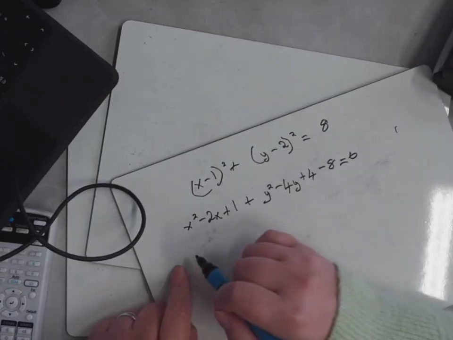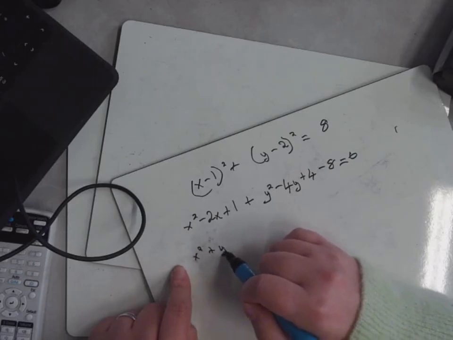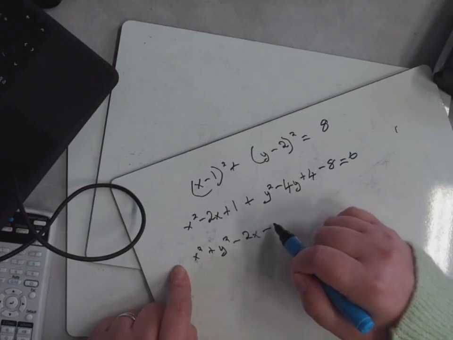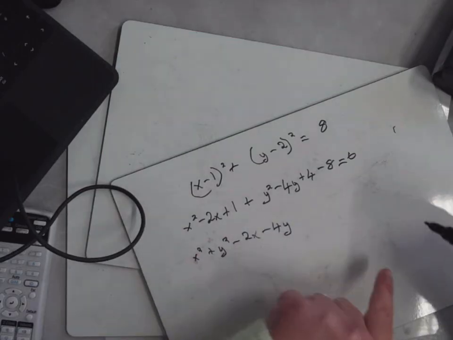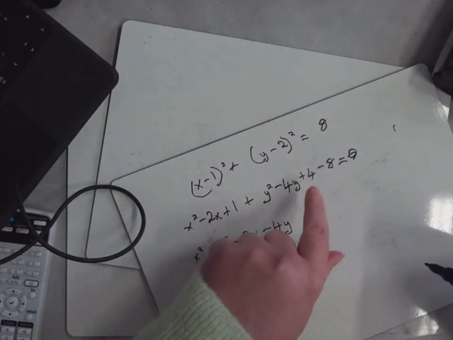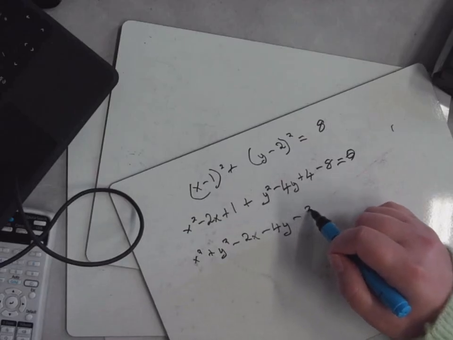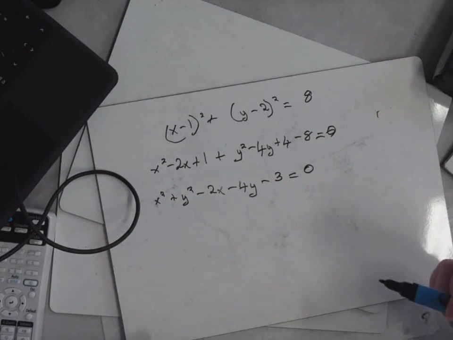So I'm going to put the x squared term first, then the y squared term, then the x term minus 2x, then the y term minus 4y, and then the numbers: 1 and 4 is 5, take away 8 is minus 3, yeah? Okay, is that alright? Are we okay with that?